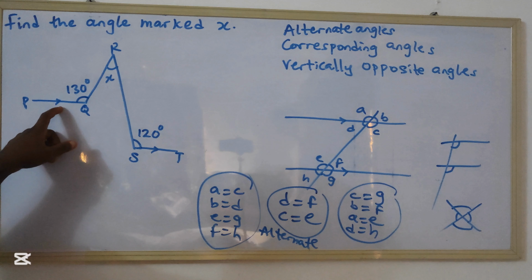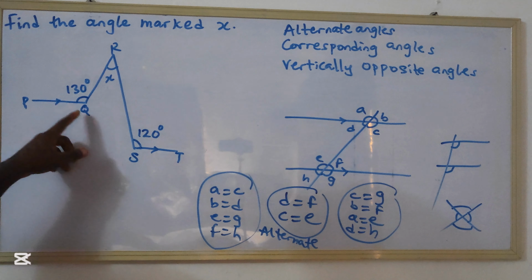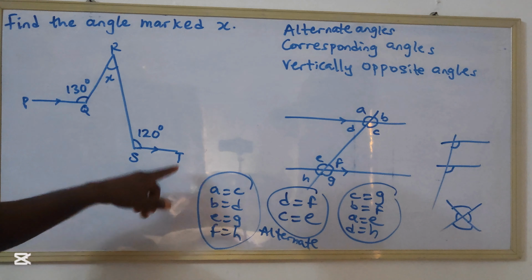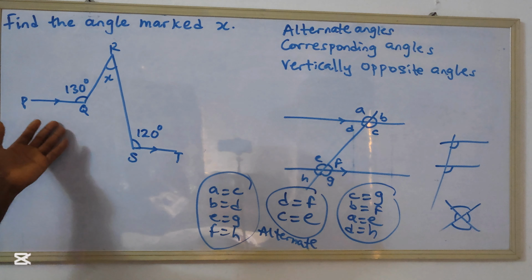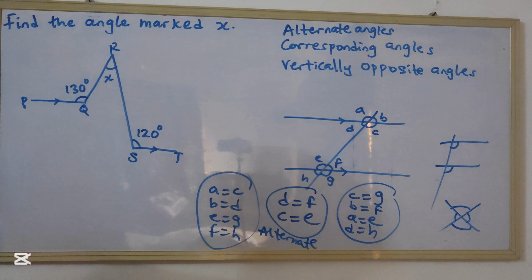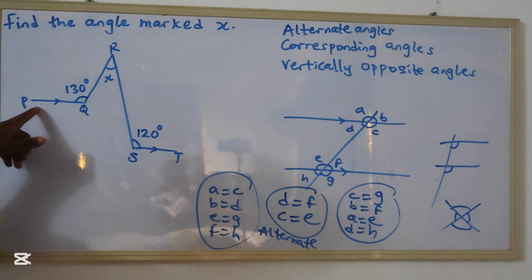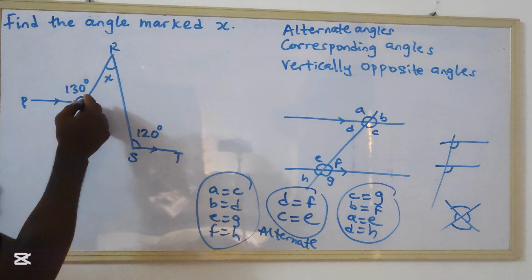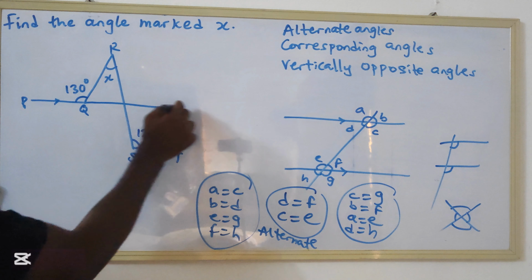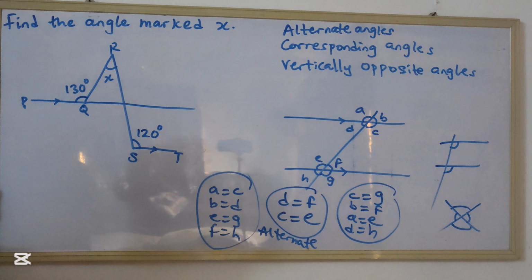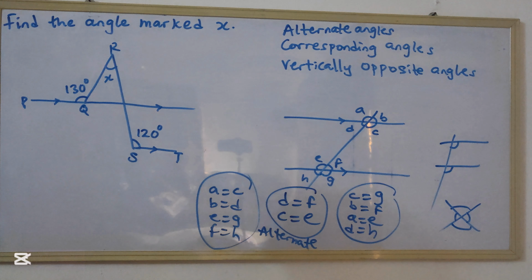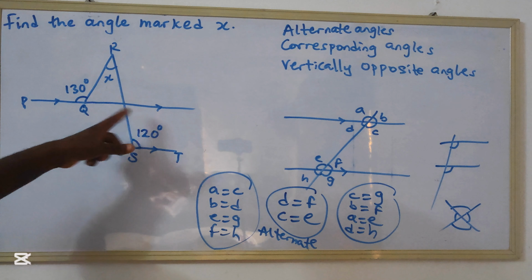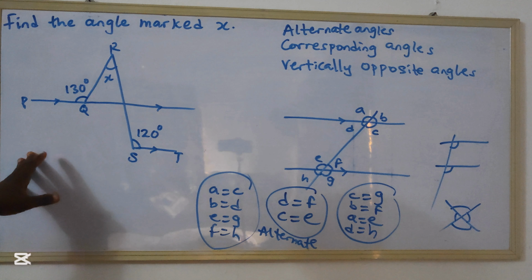Now, this arrow indicates that the line PQ is parallel to the line ST. We are not particularly given the length of the line, so we can go on to extend the lines. So I can extend this line PQ this way, such that it's still parallel to line ST. By extending this line, some things immediately pop up.